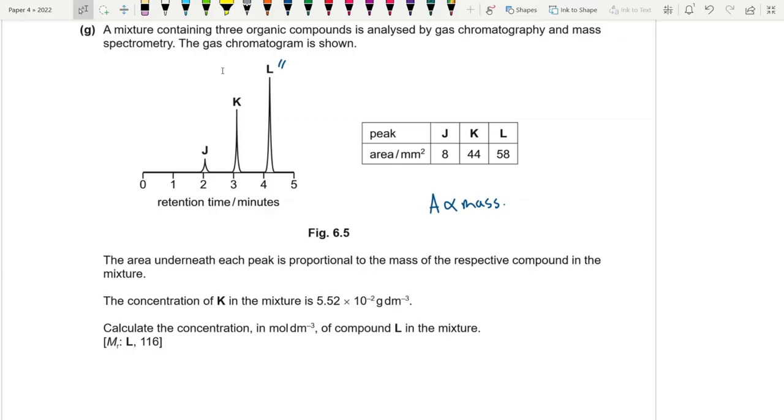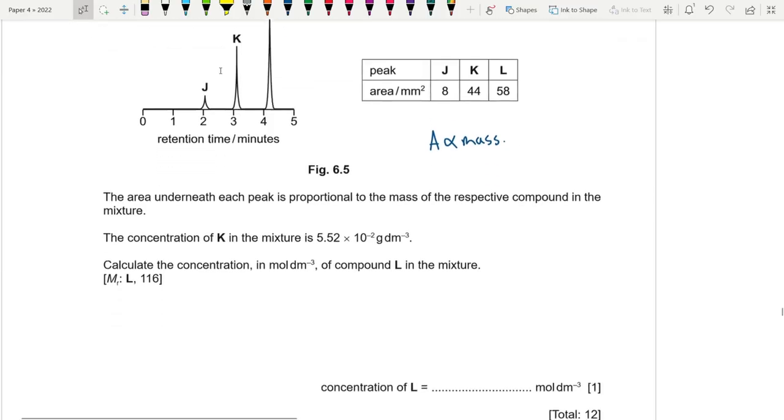Basically, the area of K, we are going to use K. Area is proportional to mass, right? And we know the concentration of K. So let's do this.